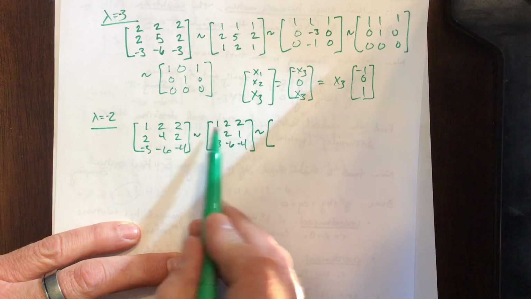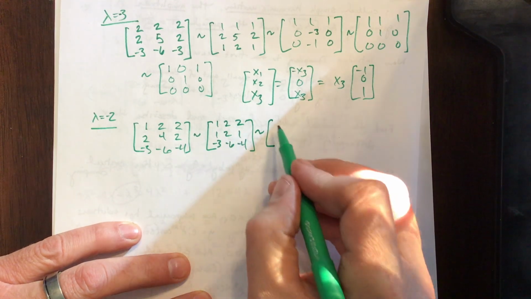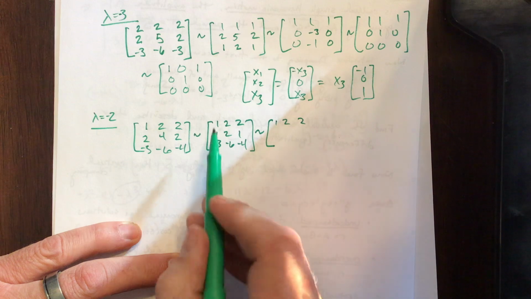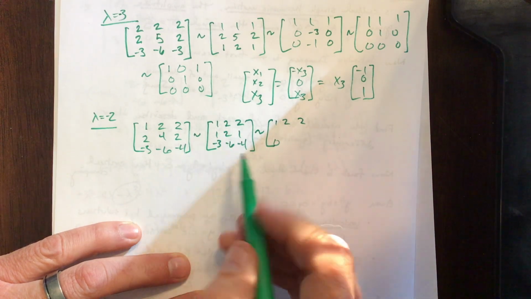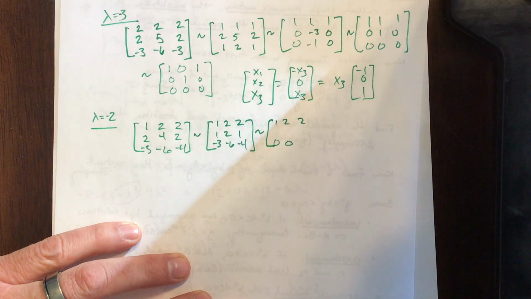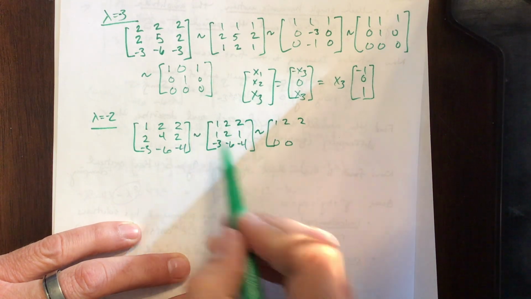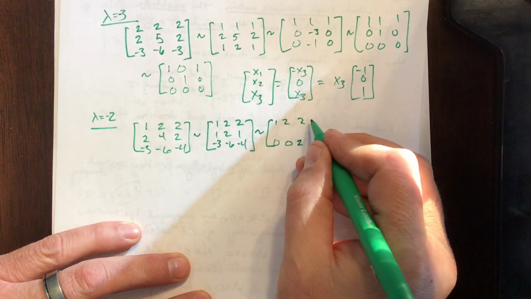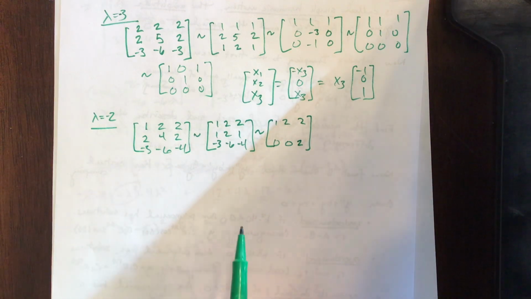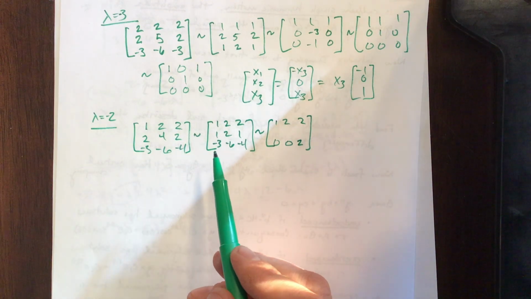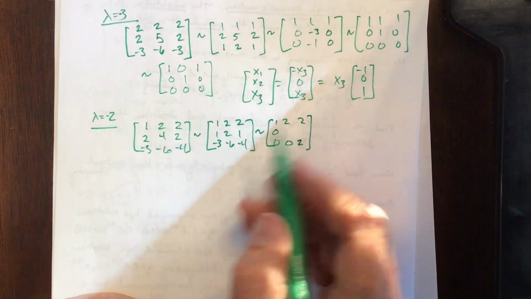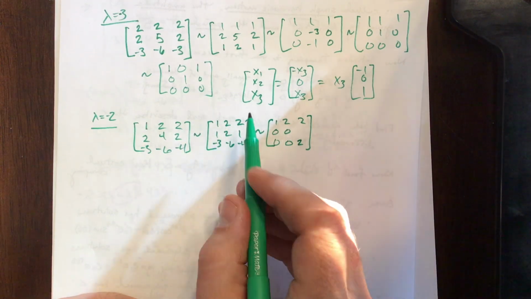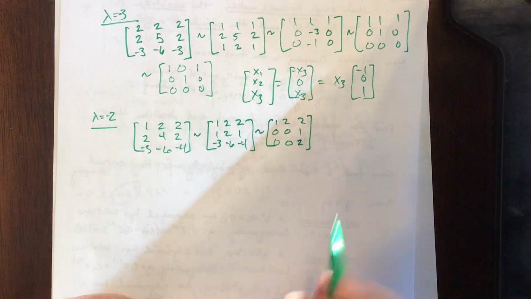All right, let's multiply row 1 by 3 and add. So that's 3 plus negative 3 is 0. 6 plus negative 6 is 0. And 6 plus negative 4 is 2. And let's subtract row 1 and row 2. So 1 minus 1 is 0. 2 minus 2 is 0. 2 minus 1 is 1.